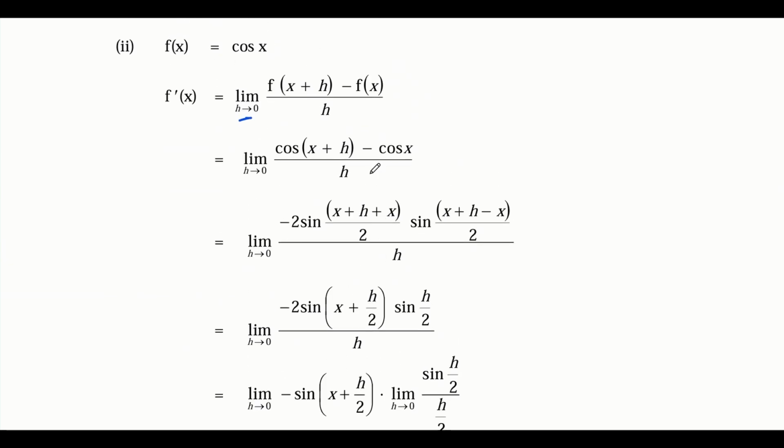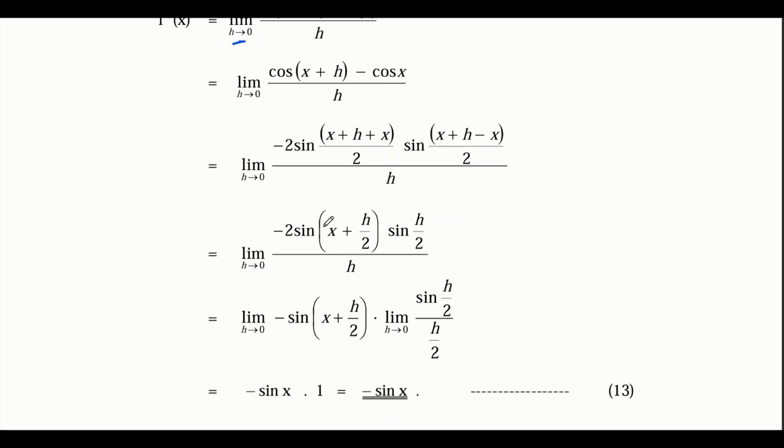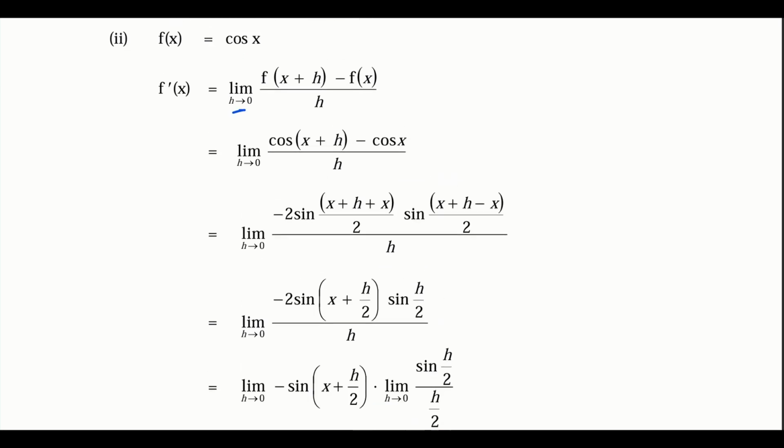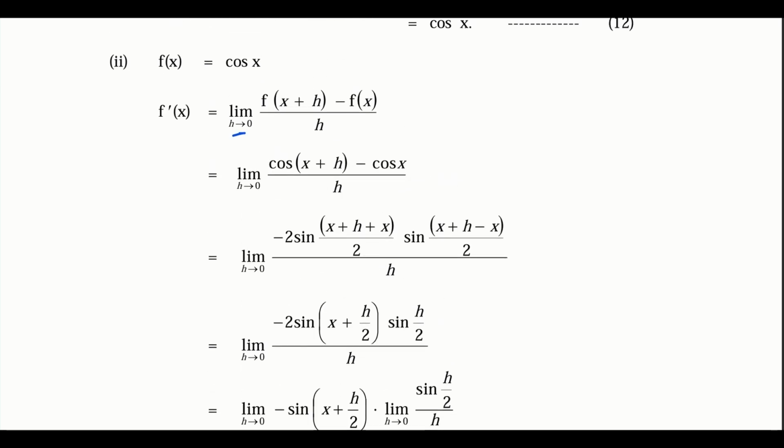So you apply it on this one and you arrive at this. Then you continue through the same procedure. You get this h over 2 again. Then you realize the answer is minus sine x, right?